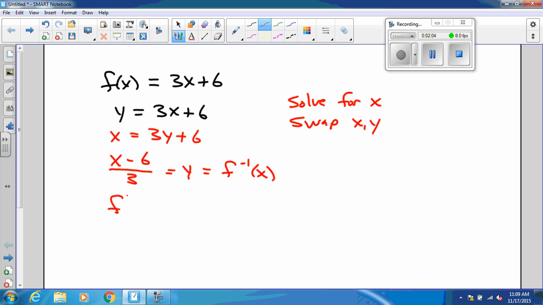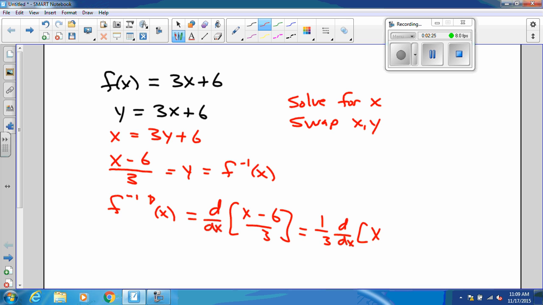Good. Now, what is f inverse prime? Since I have f inverse, I'm just taking the derivative of this. Part 2, technically. I think the easiest way to do this is to recognize I have a constant of 1/3. Out it comes with the constant multiple rule.